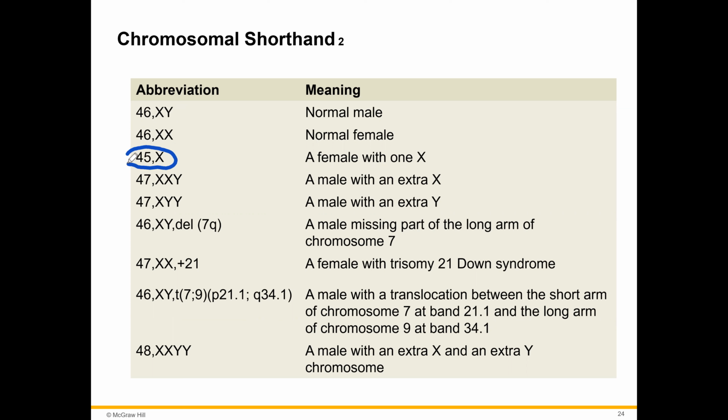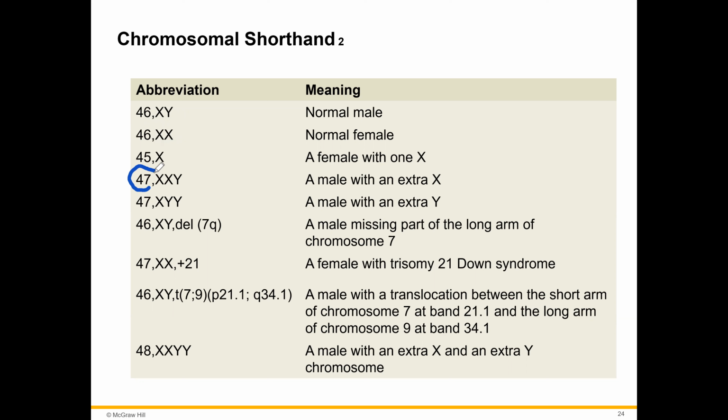Now look at this, 45X. That means this person has only 45 chromosomes instead of 46. And what is missing? One X chromosome is missing, so a female with one X chromosome only instead of two. Now this one, 47XXY.